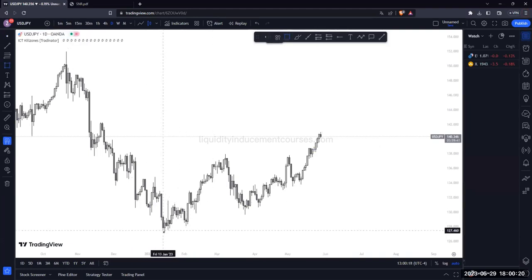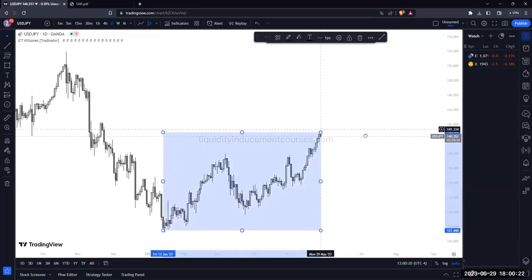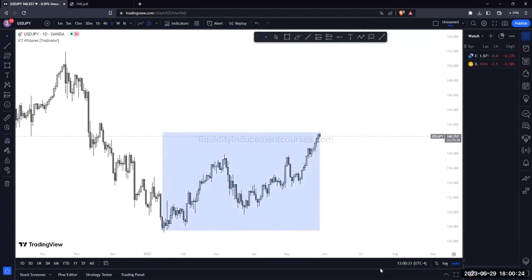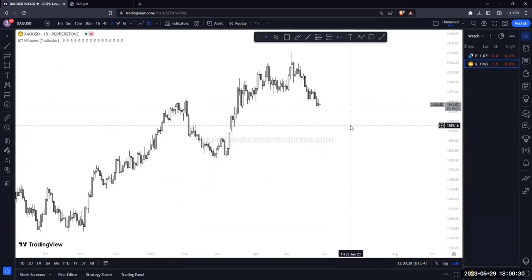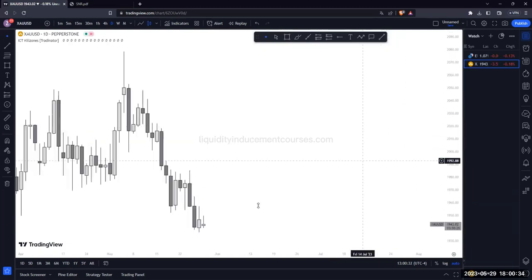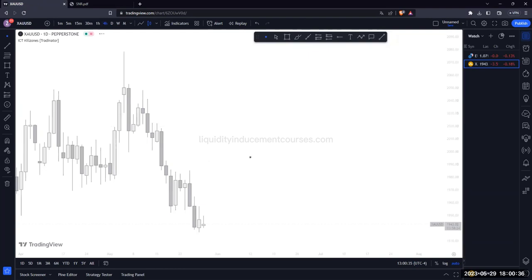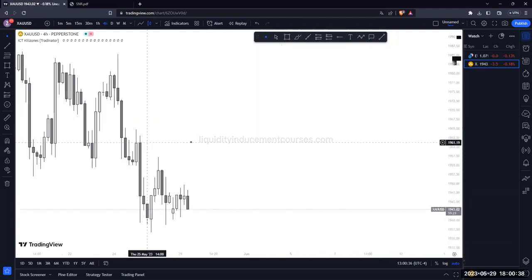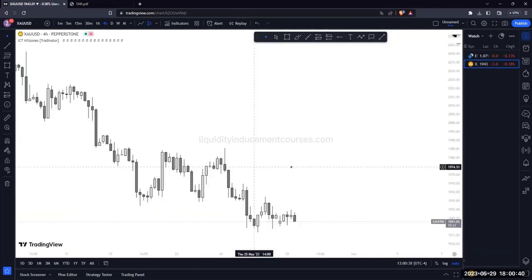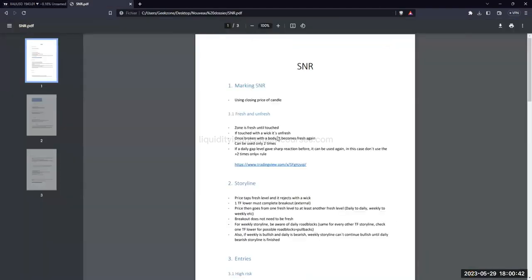So from January 13th, 2023 till today, you give me all the fresh levels there. So I understand that you understood how to mark the levels very clearly. Because if you can't do that with ease, you're not going to be able to trade the Malaysian SNR. So that's how to see if a level is fresh or unfresh.